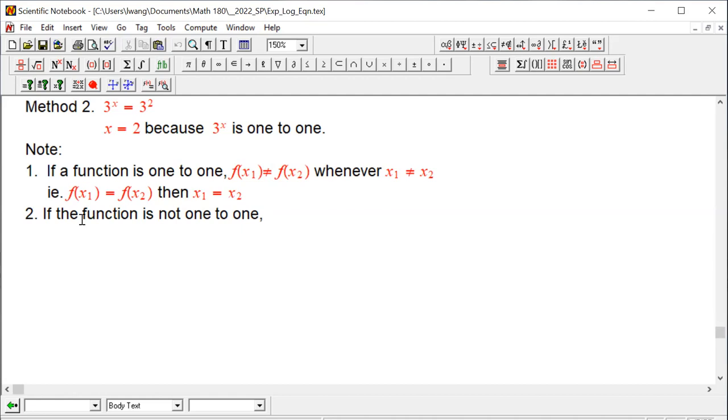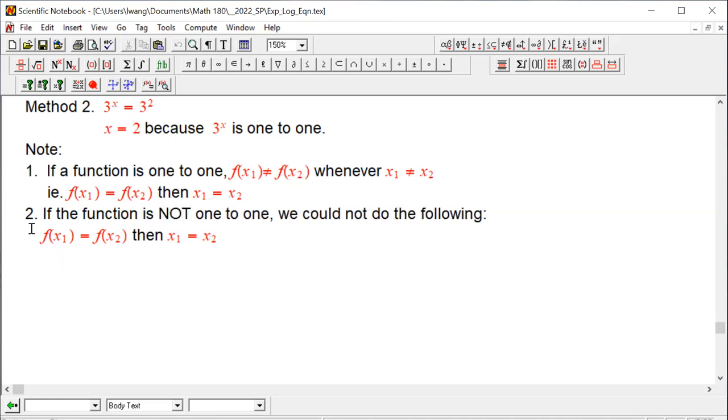If the function is not 1-to-1, we cannot do this: if f of x1 equals f of x2, then x1 is equal to x2. This statement will be wrong if it is not 1-to-1. The key word is not 1-to-1. So this statement will be false.